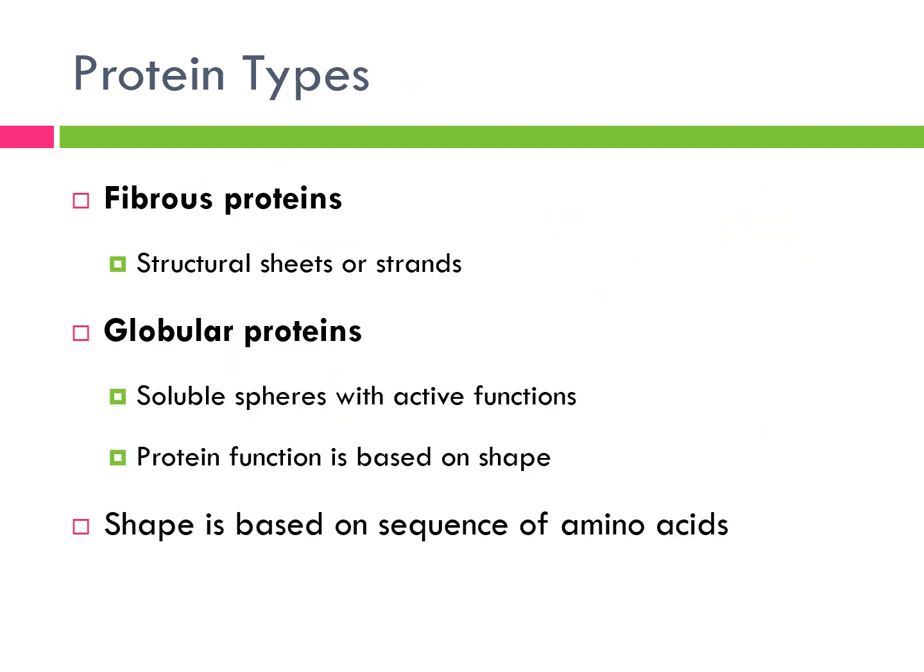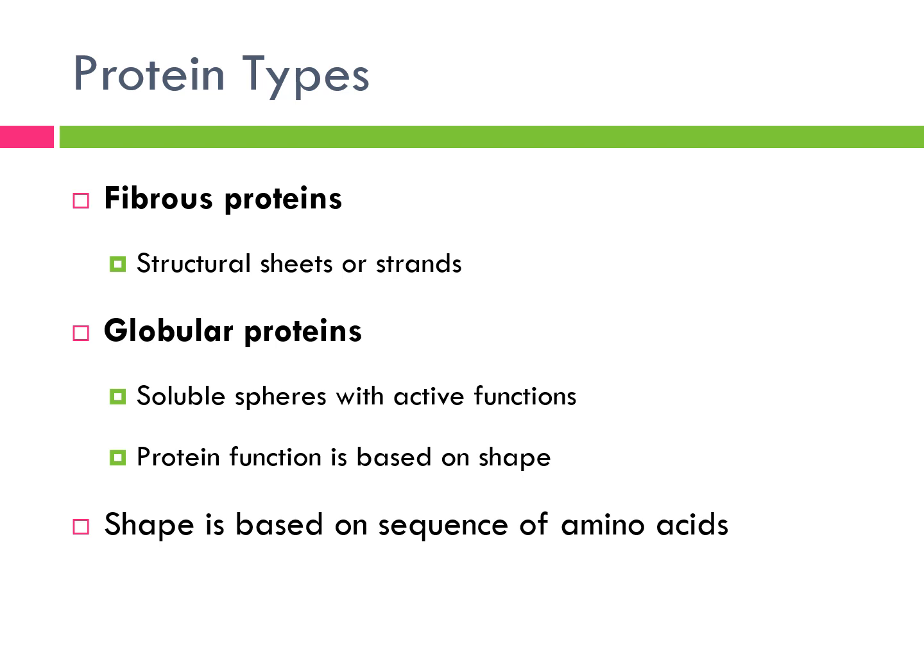Fibrous proteins come in sheets or strands, like collagen. We'll see that in a couple of weeks. Collagen is the building block of basically all of our connective tissues. Collagen forms strands, but they can come together to form sheets. And then globular proteins are, like they sound, spherical, and they are more active.